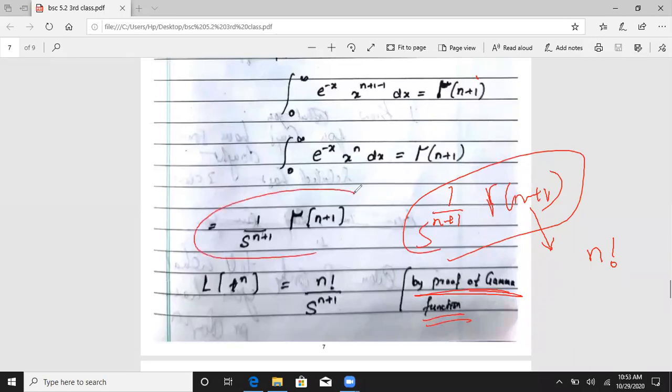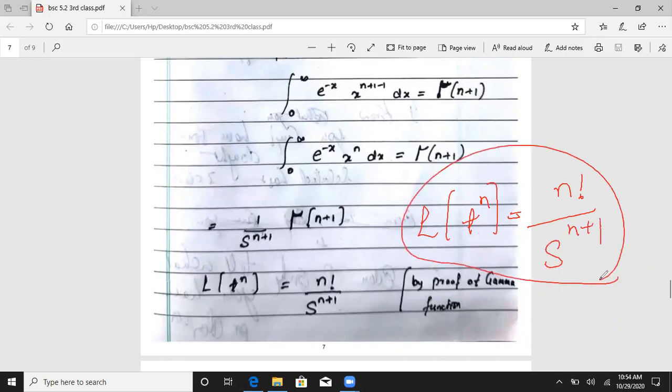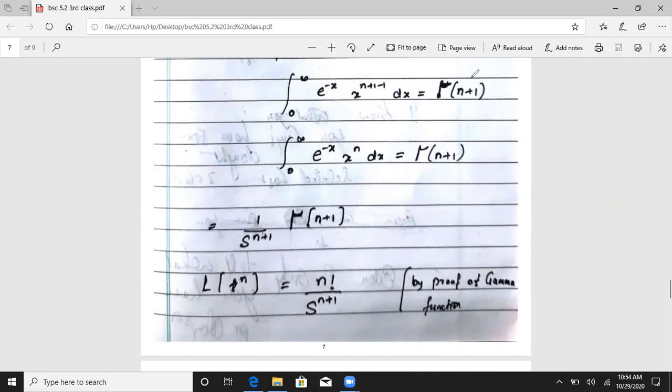Now we can write this function in simplest form. Gamma of n plus 1 is equal to n factorial, and the constant term goes in the denominator as s to the power n plus 1. Our resultant value is the Laplace transformation of t to the power n equals n factorial divided by s to the power n plus 1.